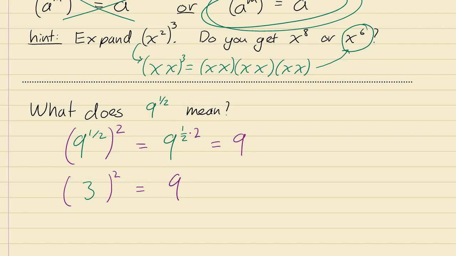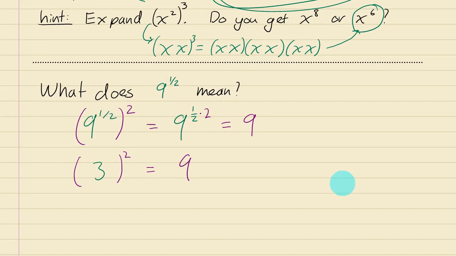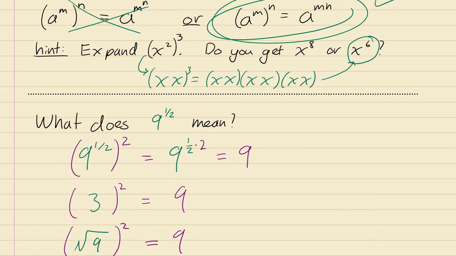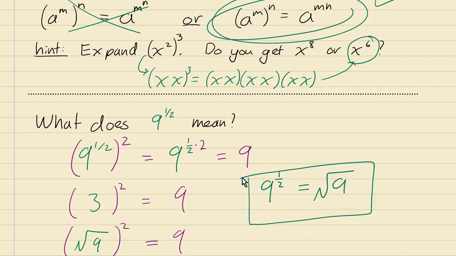And in general, if you take the square root of 9 and square it, square roots and squaring always cancel out, and that's also just going to be 9. So if we want all of these rules to be consistent with these new kinds of exponents, we want to define 9 to the 1/2 to be the square root of 9. So that's what that is.